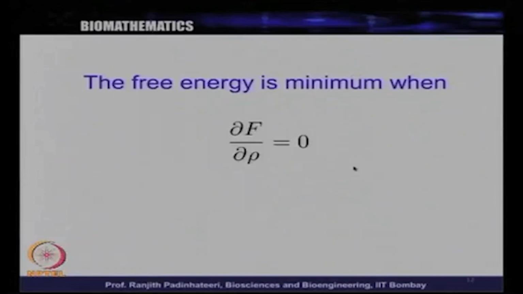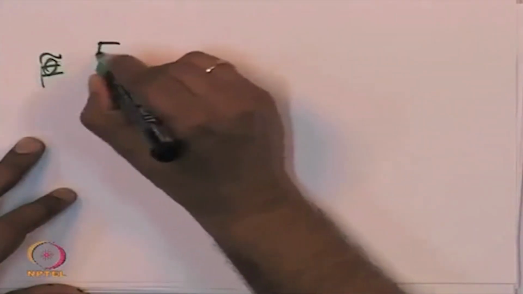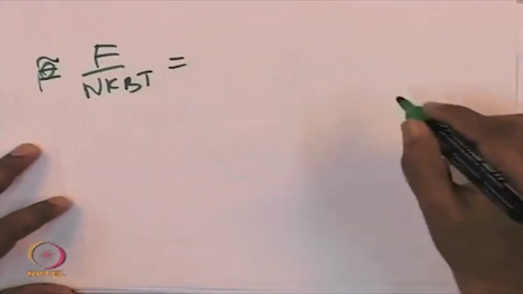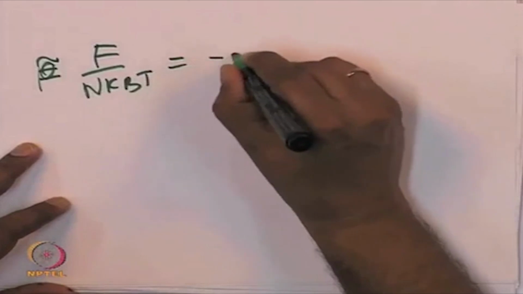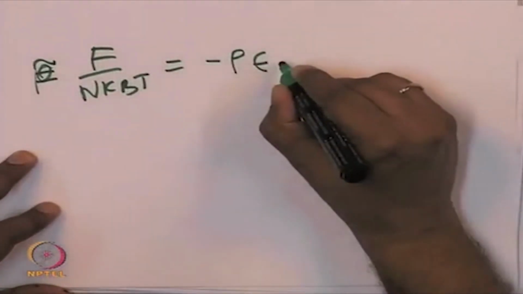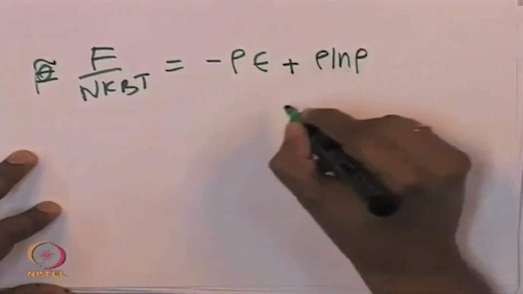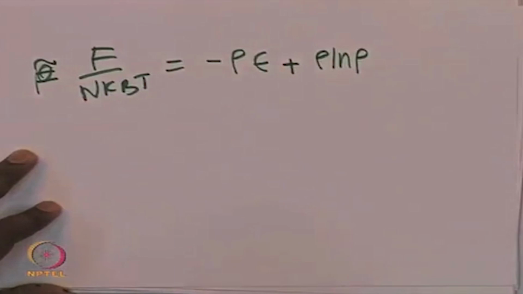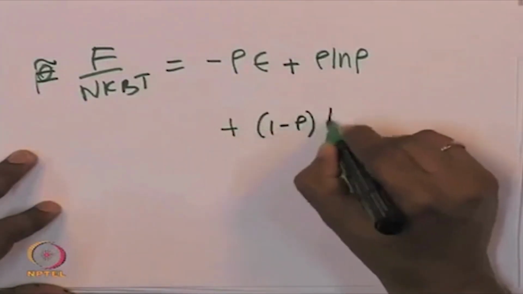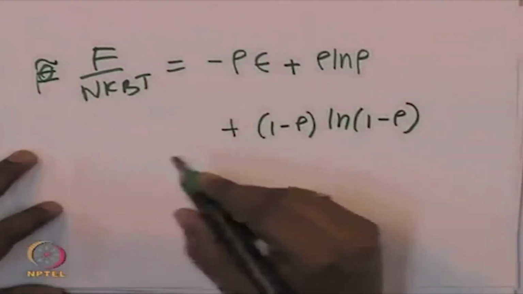Let us call this f tilde; we will take f by n kBT and minimize this, which is also fine. So, this is basically minus rho epsilon plus rho log rho plus 1 minus rho log 1 minus rho. This is our f tilde.